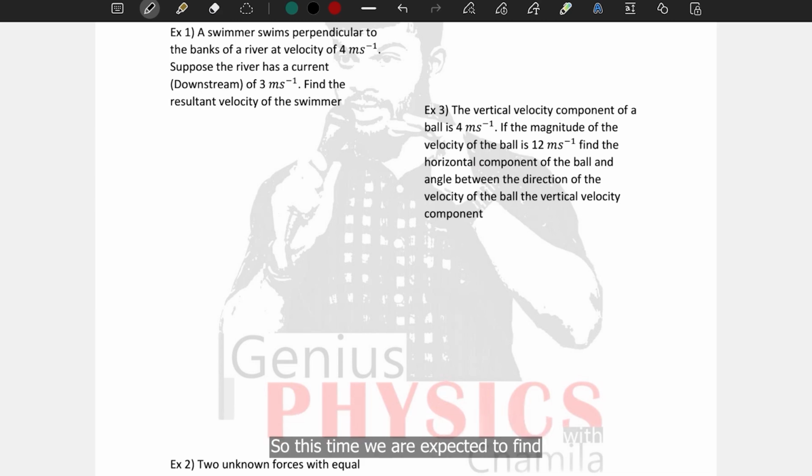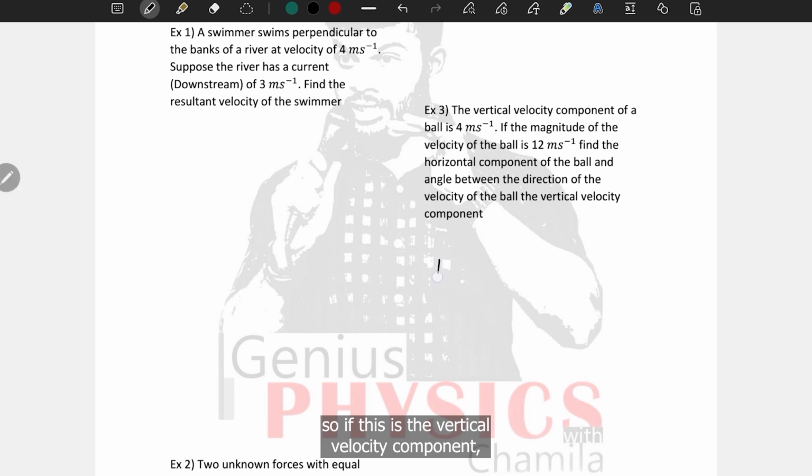So this time we are expected to find the velocity component. We already know that the vertical velocity component and the horizontal velocity component combined create the resultant.